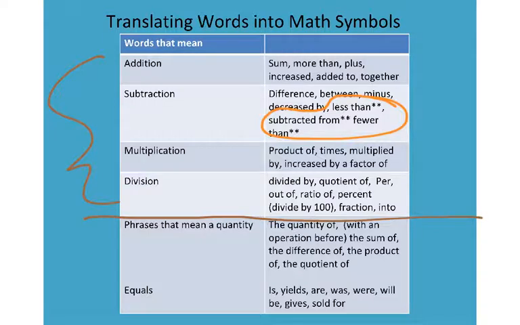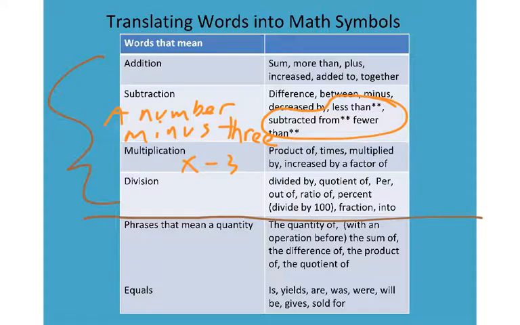Okay? So, let's say I have a number minus 3. Well, that would just simply be, if we write in algebra, x minus 3. But let's say I take one of these key phrases.